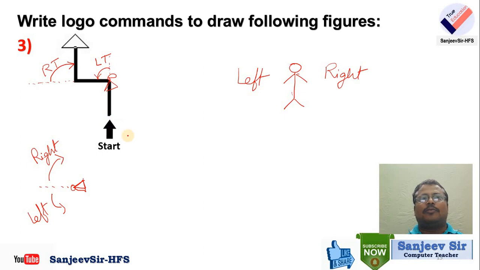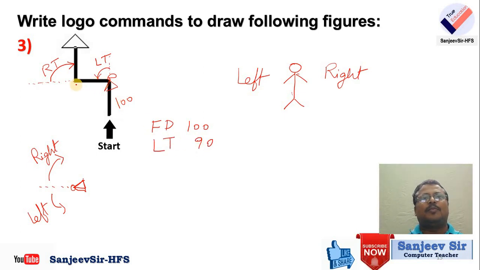So now what command will we write for this third one? If 100 steps are given by default, assume that first the turtle will move 100 and come here, and next is a left turn, so LT 90.